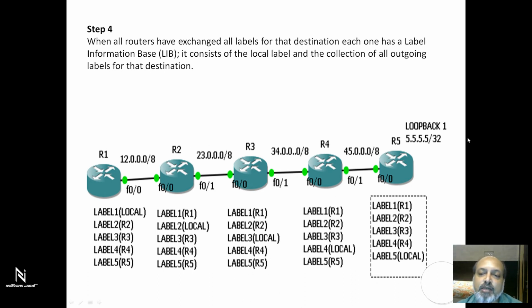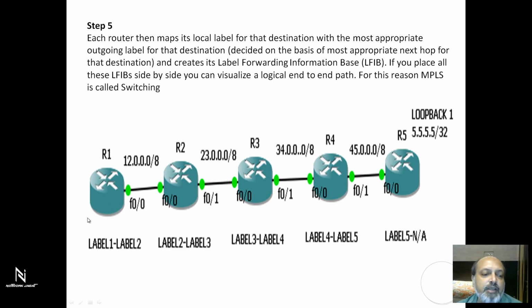Although label 5 is coming from R5, which is definitely nearer to the destination, still it is not my next hop. My next hop, if you consider R3, is R4. So the label that is sent by R4 is my most appropriate outgoing label. In this way, they create a relationship between their local label and the most appropriate outgoing label.